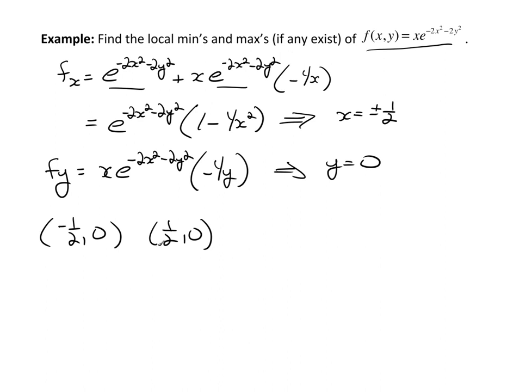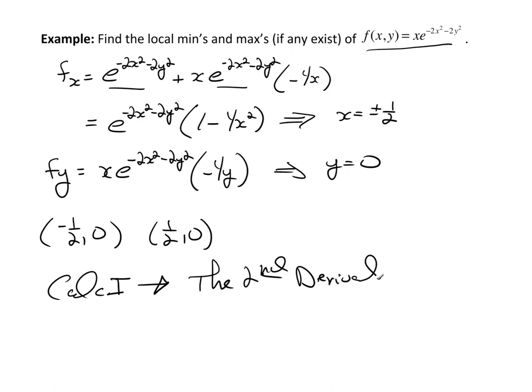Now, actually determining if these critical points are actually extremes or not is pretty difficult with this function. So we really need some other type of test. Now, remember way back in Calc 1, we used something called the second derivative test.